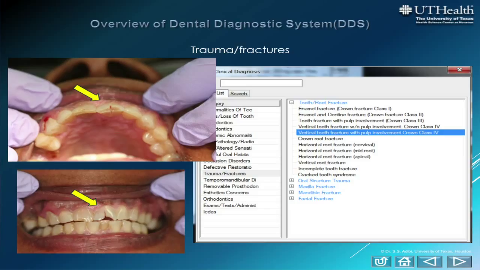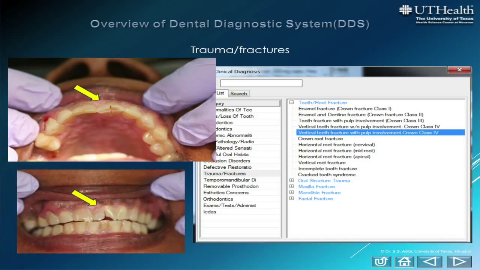Trauma and fracture category consists of tooth root fracture or structure trauma, fracture of maxilla, fracture of mandible, and facial fracture. This 43-year-old African-American man presented in urgent care clinic with chief complaint of cracked tooth.